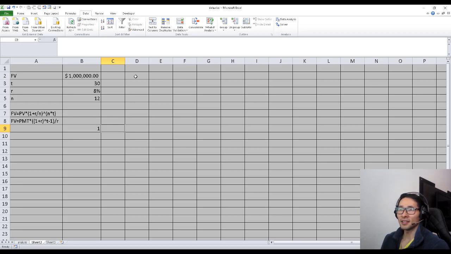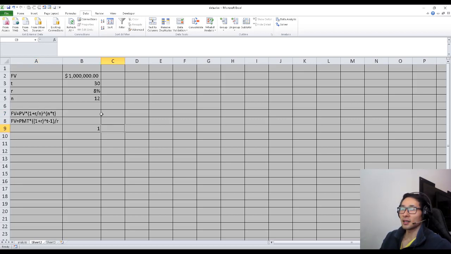Luckily for me, it's very easy to isolate PV in this formula. All I have to do is divide FV by this whole term here, 1 plus r divided by n to the power of t times n.